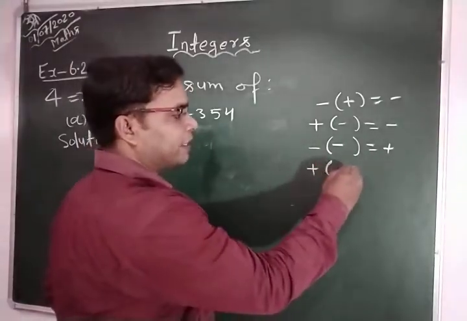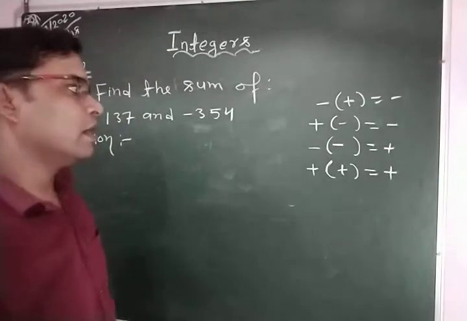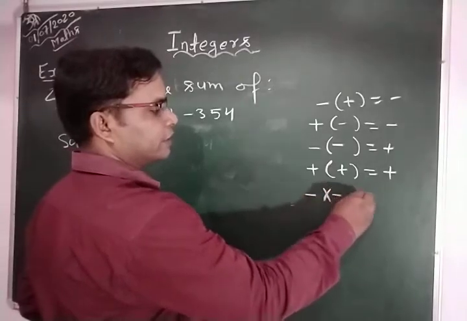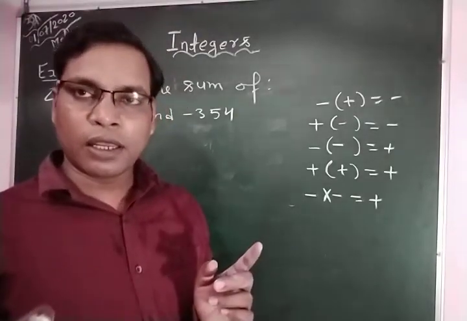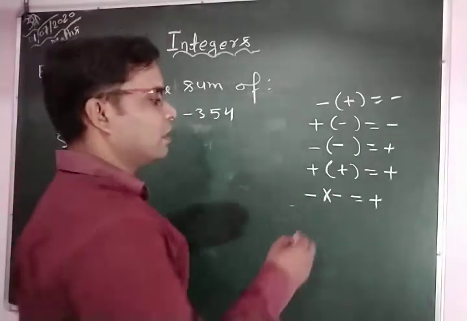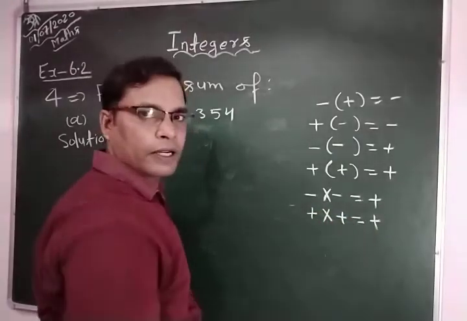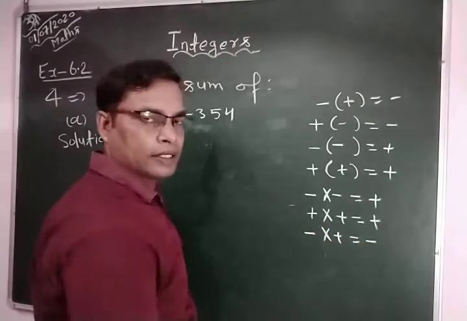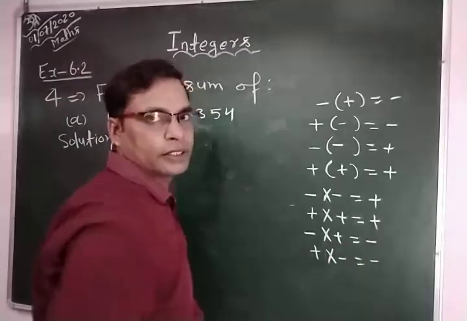In multiplication, minus into minus is plus, since both signs are the same; plus into plus is also plus; minus into plus is minus, or plus into minus is minus. Clear.